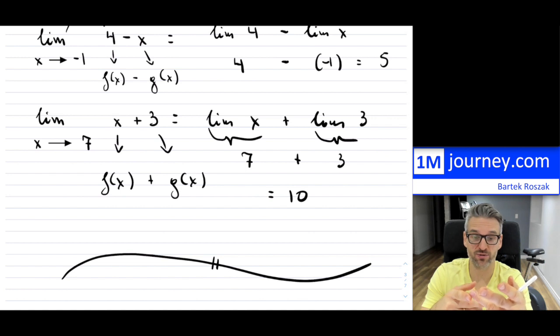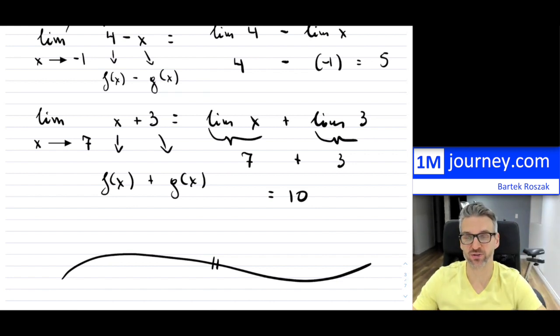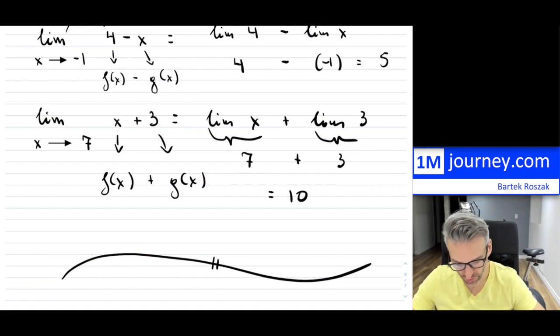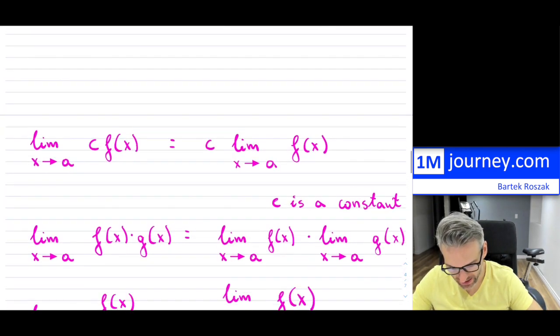We can expand into rational, and even radical functions. And of course, you're going to be able to expand to others as you go along, like sines and cosines, so all the trig ones in the future. But let's keep it a little bit simpler as we're introducing this. So here are the next set of properties.